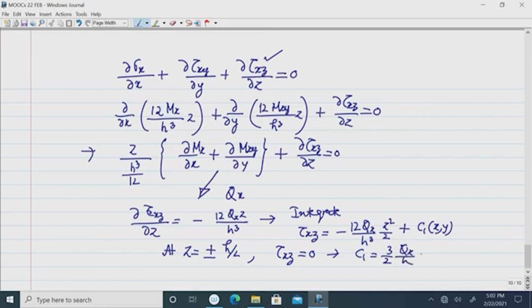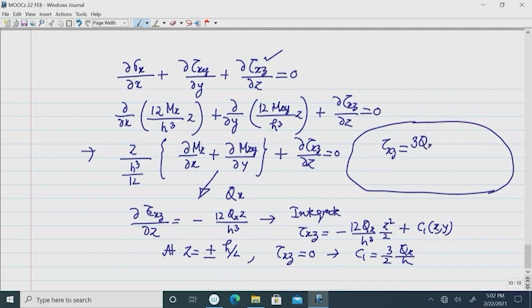Hence, the final expression is tau xz equal to 3 q x by 2 h into 1 minus 4 z square by h square.